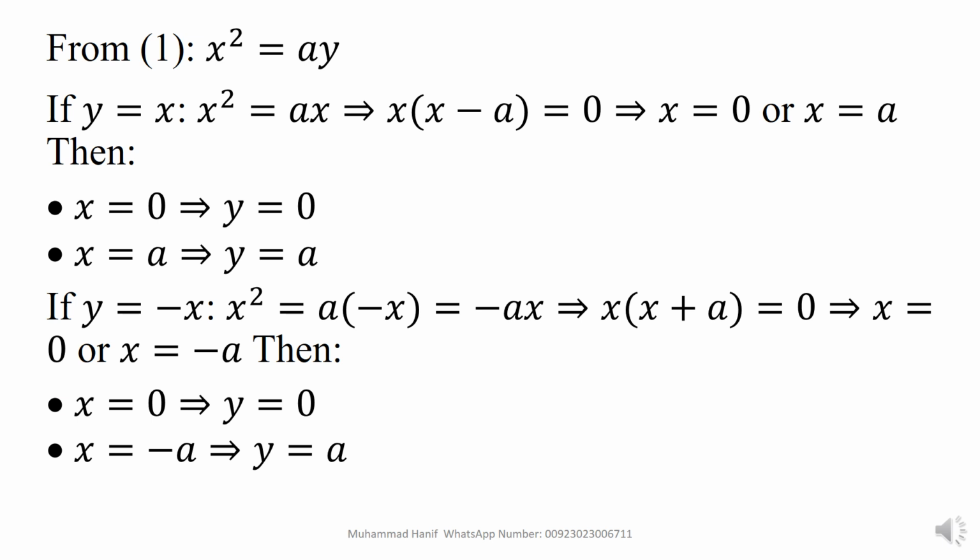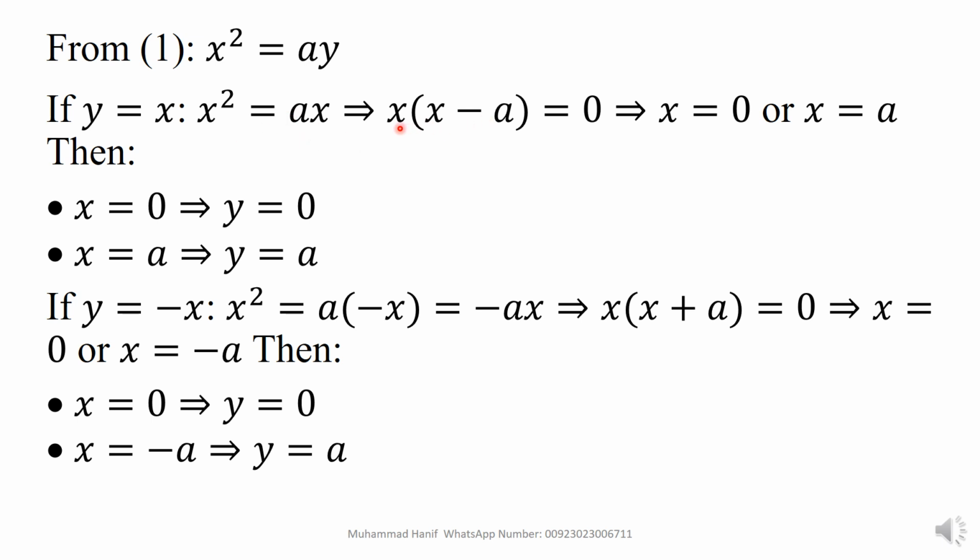Now you see here from equation 1, x square equal to ay. If y equal to x, now x square equal to ax, then we simplify. Minus ax convert to the other side, then x square minus ax equal to 0.